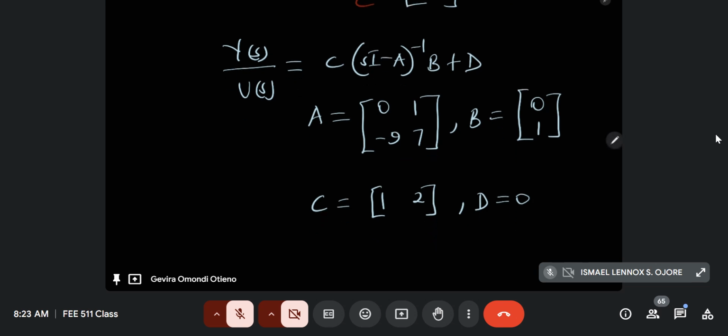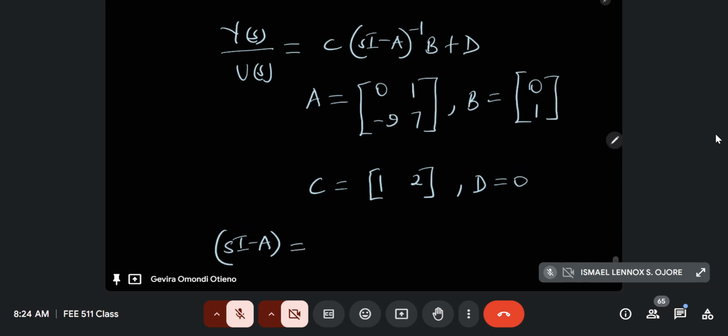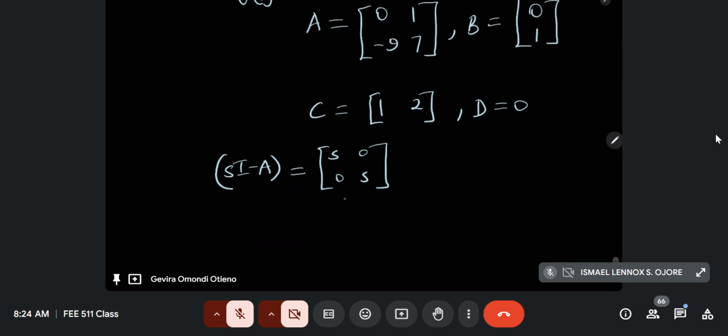So just solving this middle part is the key. That means let's first obtain what is SI minus A. Then we get its inverse. SI minus A would mean, because we're dealing with a 2 by 2 matrix, we are going to have S0, 0S. Remember, this I have obtained from S into 1, 0, 0, 1.